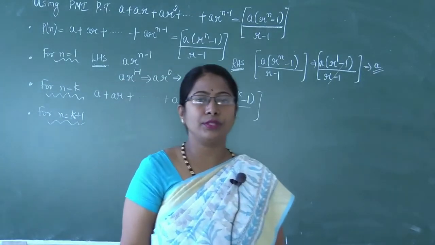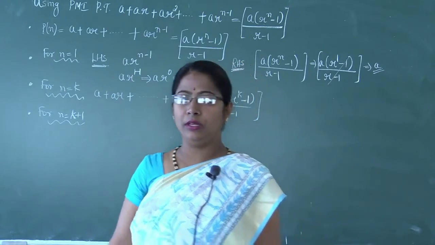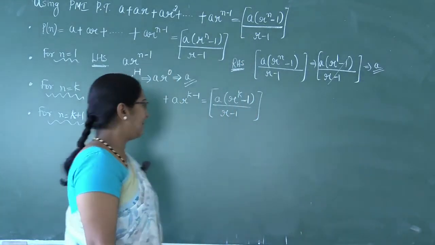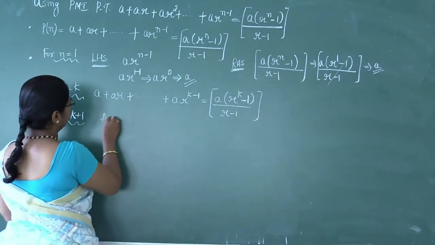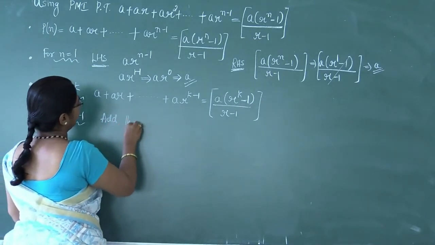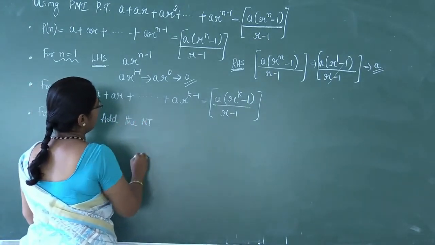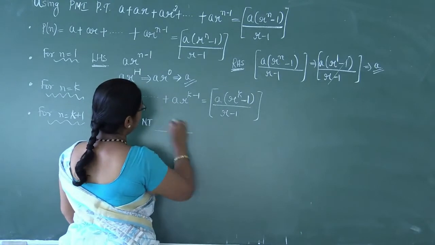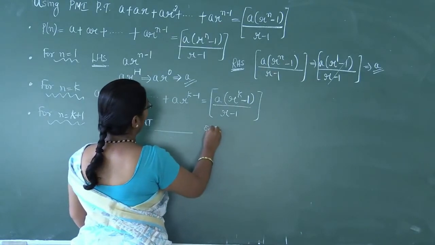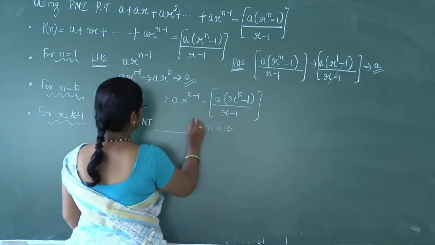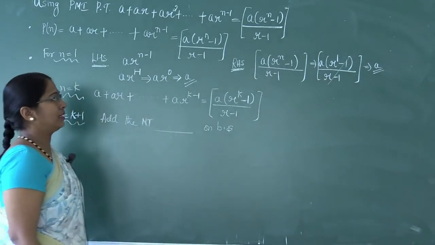We are supposed to add the next term on both the sides. We don't know what the next term is, so we shall find out what the next term is.